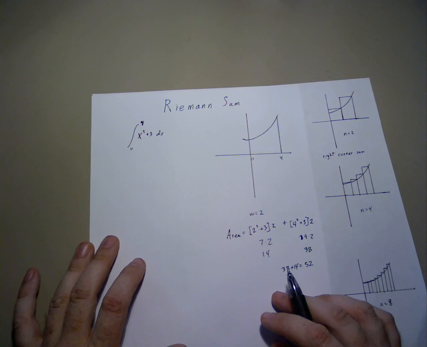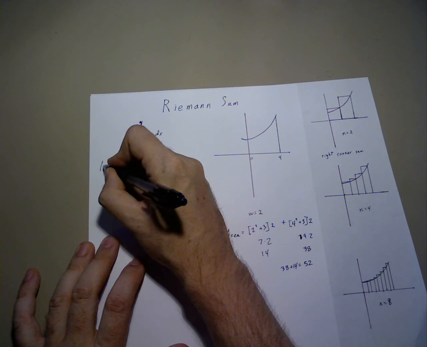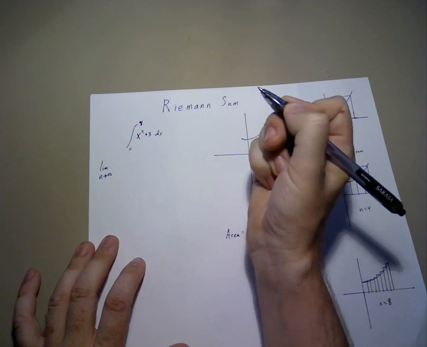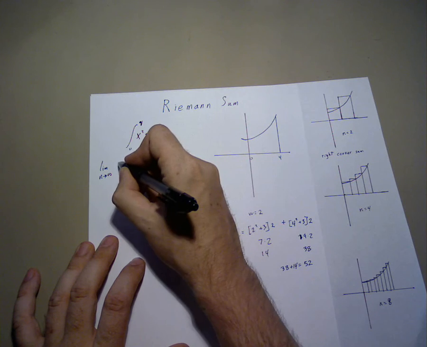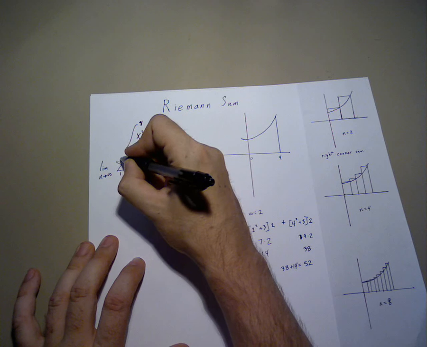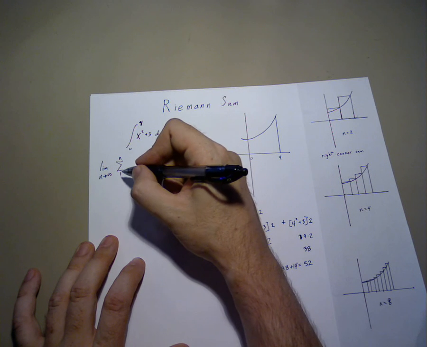Now we're going to take the limit as n goes towards infinity of a Riemann sum, where we're going to sum all of the rectangles from rectangle 1 to rectangle n. So we'll have n number of rectangles.